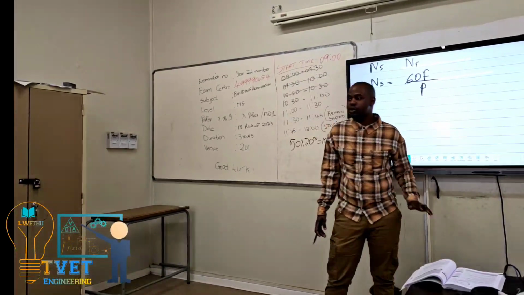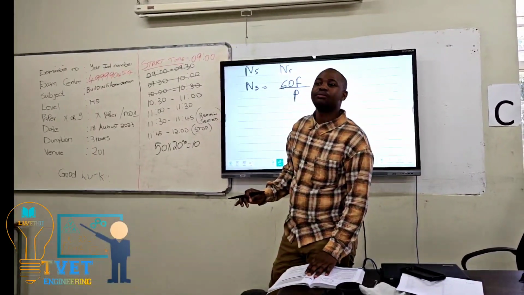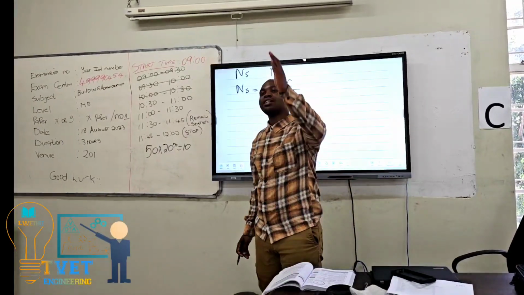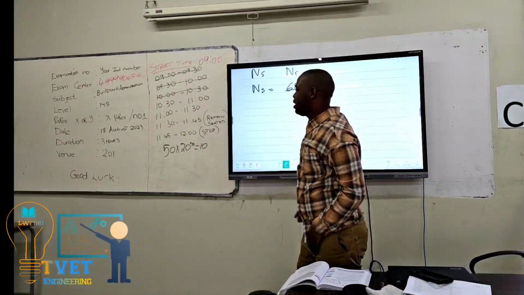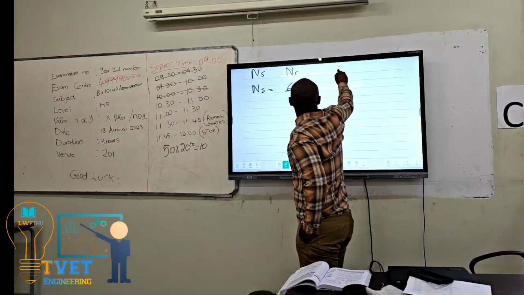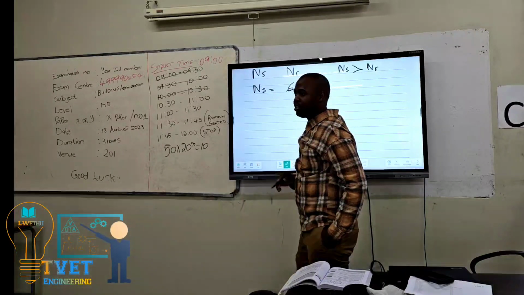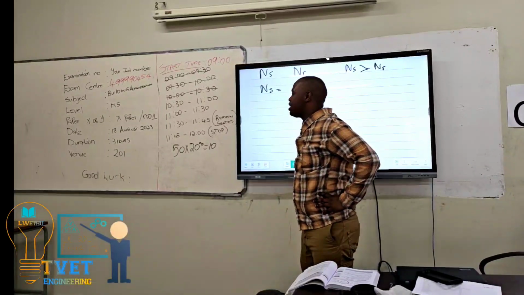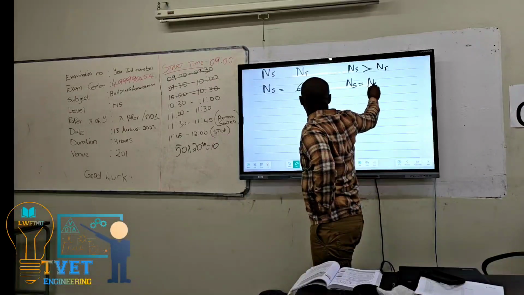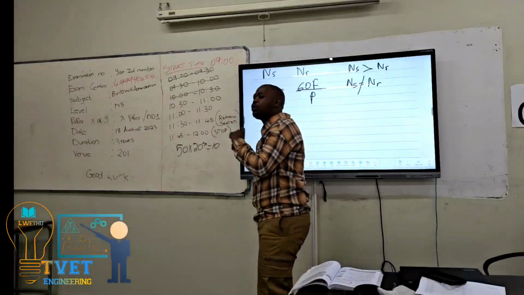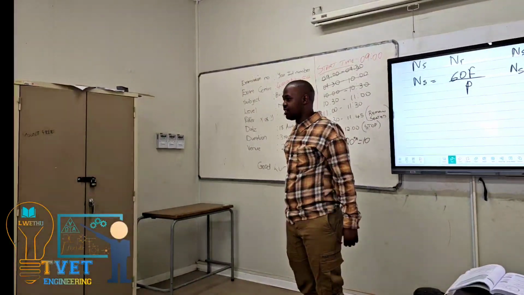Mostly when we want to calculate the rotor speed, we use something we call slip. This is the difference in speed between the synchronous speed and the rotor speed. The synchronous speed is always greater than the rotor speed, and they are never equal. Otherwise, if they were equal, the motor won't operate.